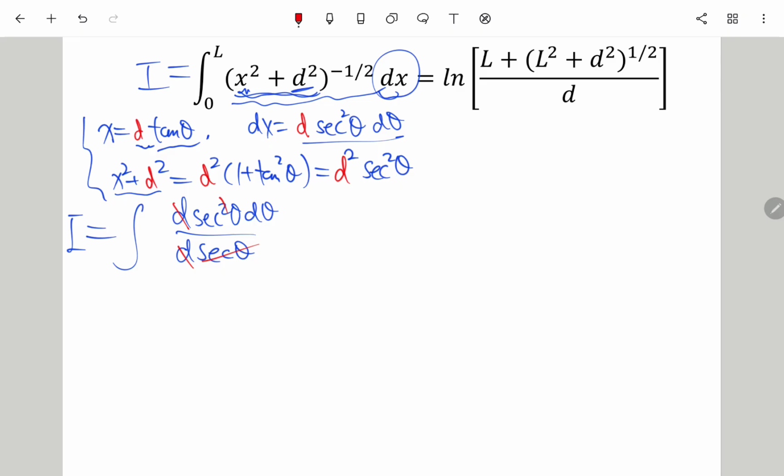But what are the lower and upper bounds? We need to draw a right angle triangle.